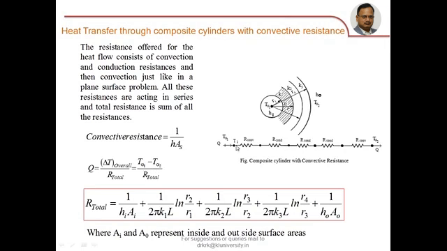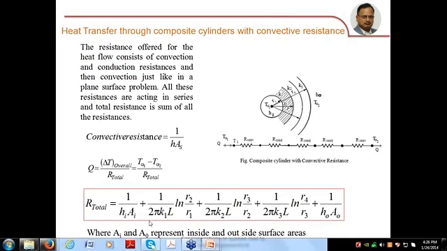Hence Q is equal to the temperature difference as a whole from T alpha 1 to T alpha 2 divided by R total. So Q equals T alpha 1 minus T alpha 2 by R total, where R total is equal to convective resistance plus conduction resistance of layer 1 plus conduction resistance of layer 2 plus conduction resistance of layer 3 plus outside convective resistance.